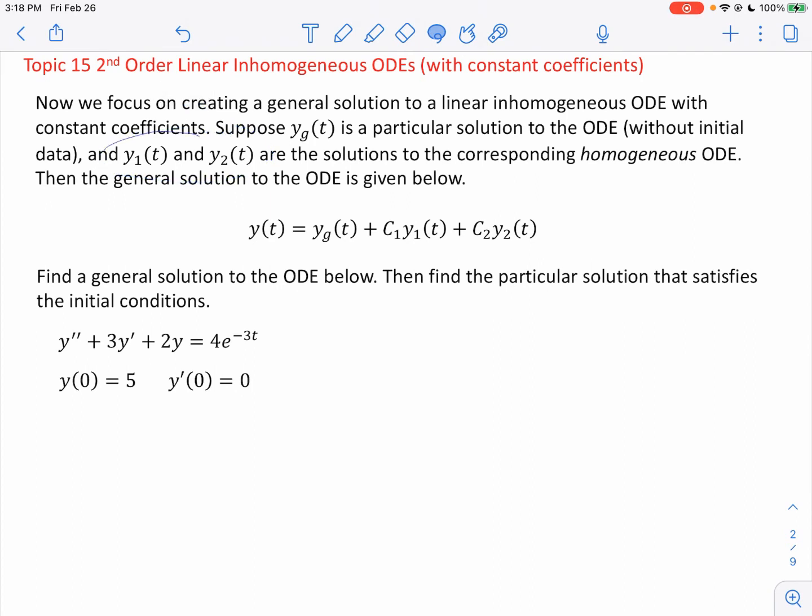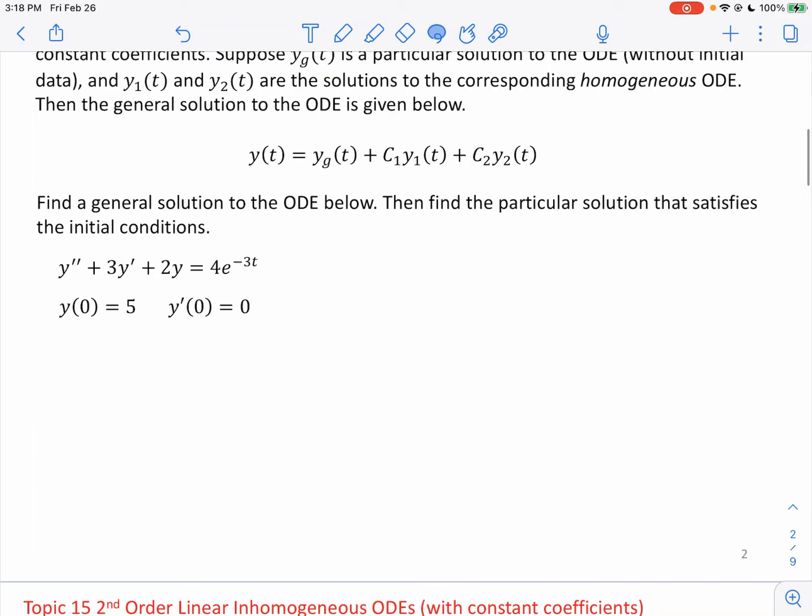I should have mentioned here that these are the independent solutions. Then the general solution of the ODE is given below. So we take the particular solution to the inhomogeneous solution plus a constant times y1 plus a constant times y2, where y1 and y2 are the linearly independent solutions to the homogeneous version of the ODE.